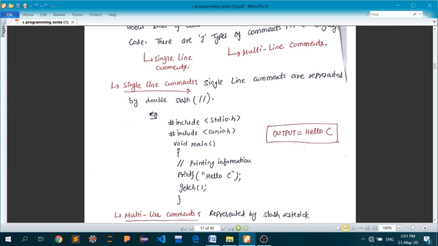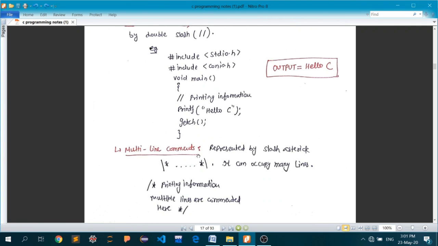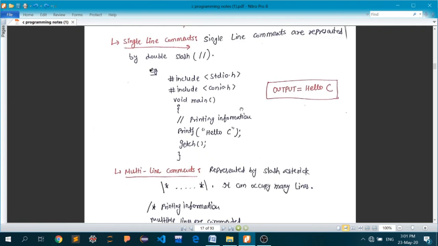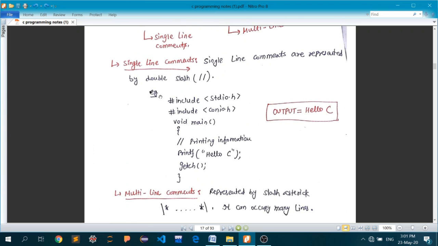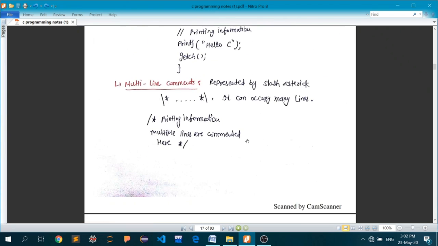Two forward slashes together indicate that this particular line is a comment, but not the next line. Please see that I haven't closed this comment like in the multi-line comment. If you want a multi-line comment, you have to use slash star and star slash.